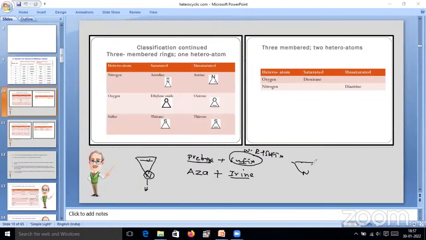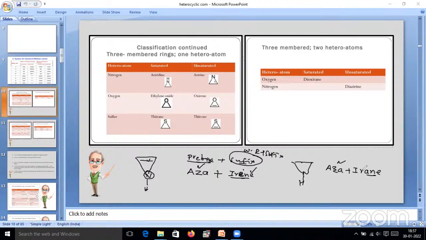If it is saturated 3-membered heterocyclic system, you can write aza for prefix, and suffix is iridine, ane for saturated system, ene for unsaturated system. So this is about prefix, and this one is suffix.